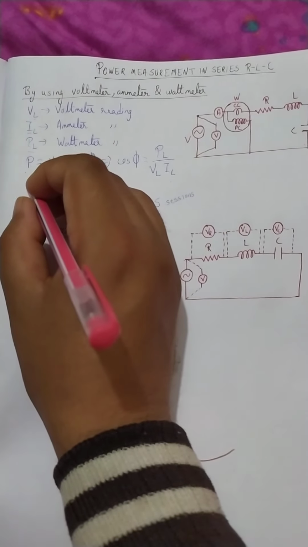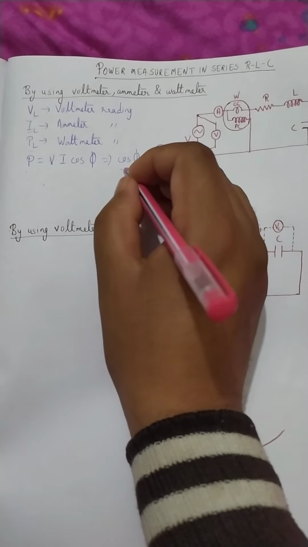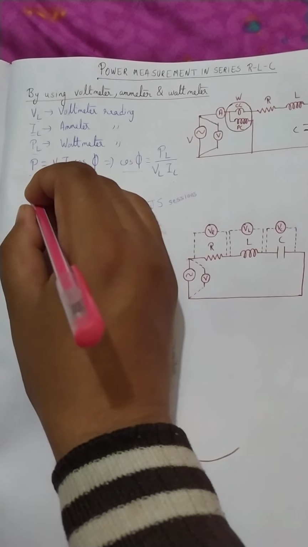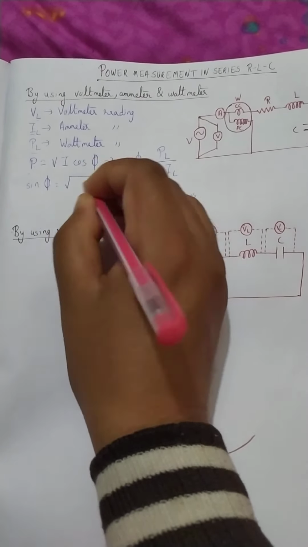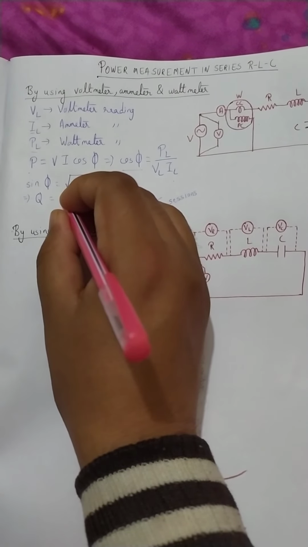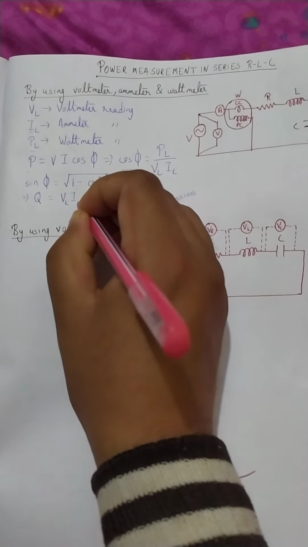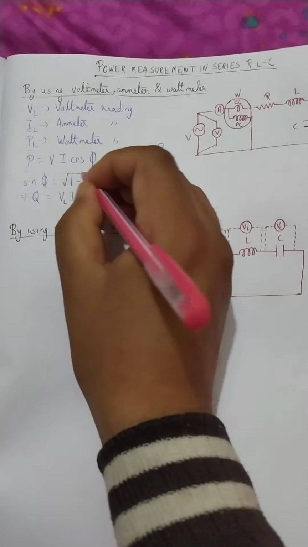Once we have cos phi, we can find sin phi, which is the square root of 1 minus cos square phi. Once we know sin phi, we can find the reactive power, VL IL sin phi. And the apparent power would be VL IL.